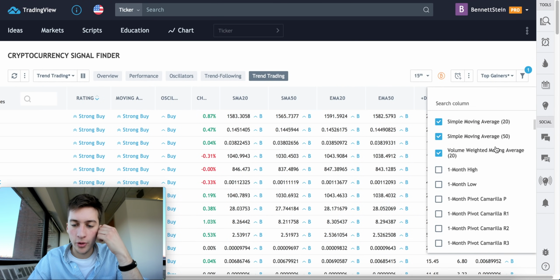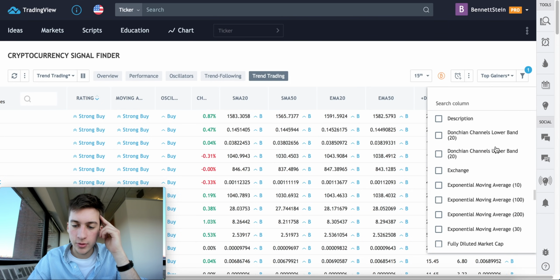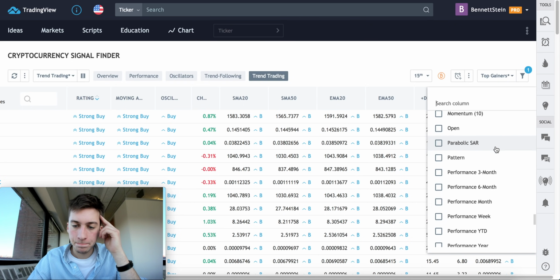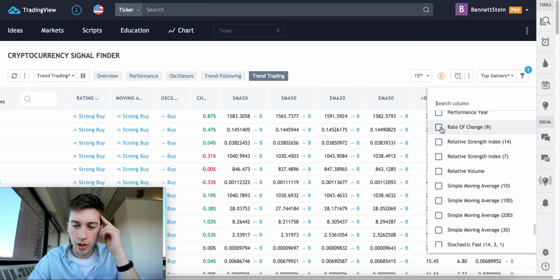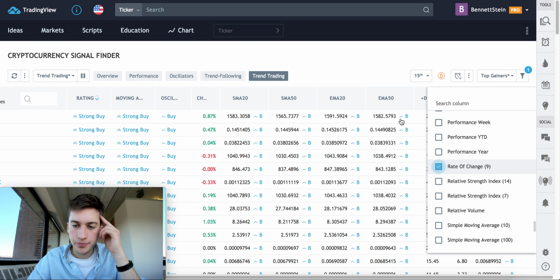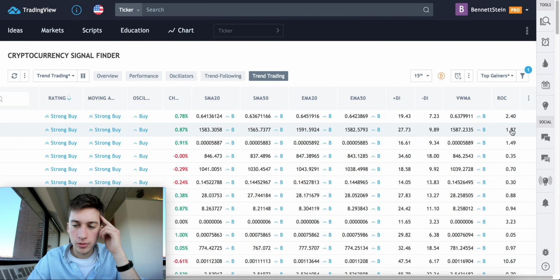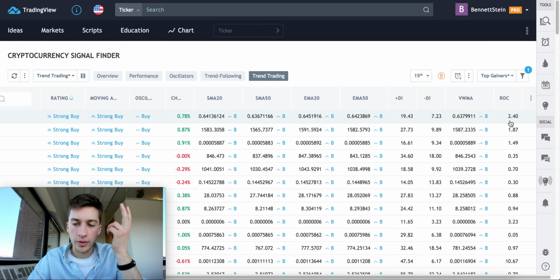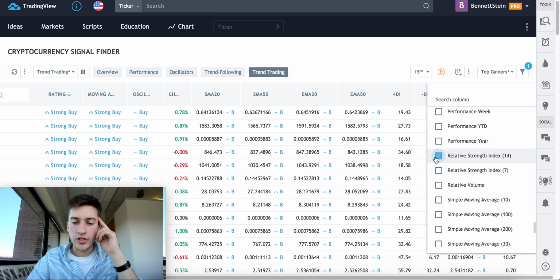And if we want to add more indicators, we can. I don't want to get too crazy here, but like a quick rate of change I could use. Then I would be able to see how quickly the rate of change was, and so on.